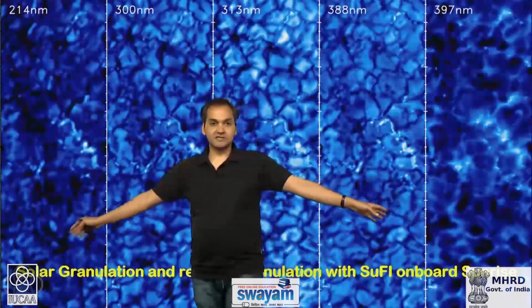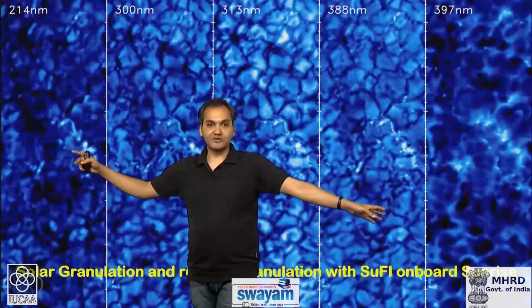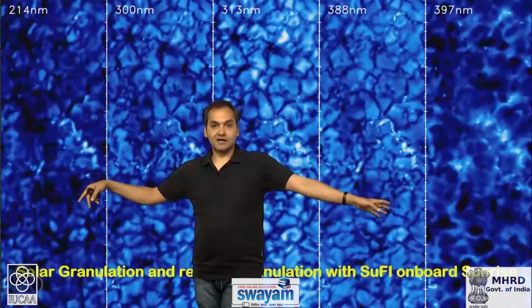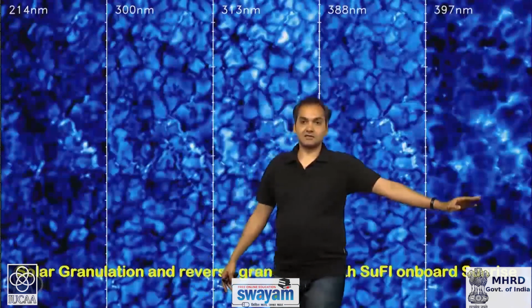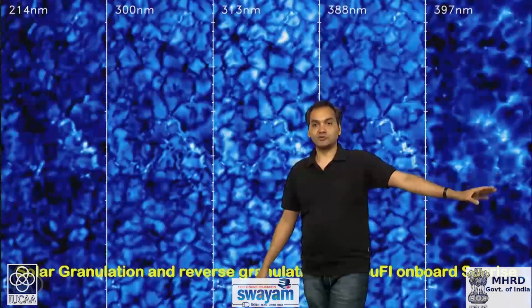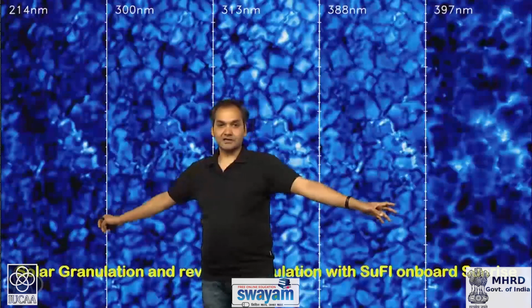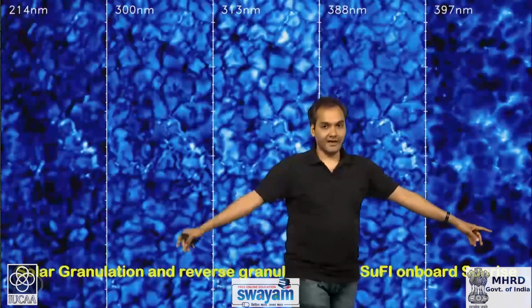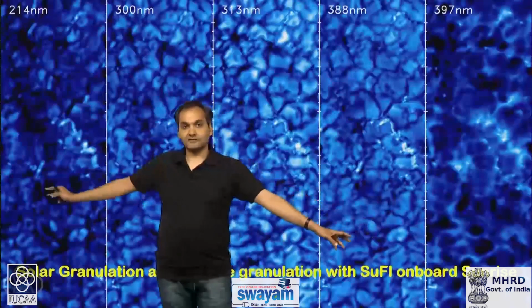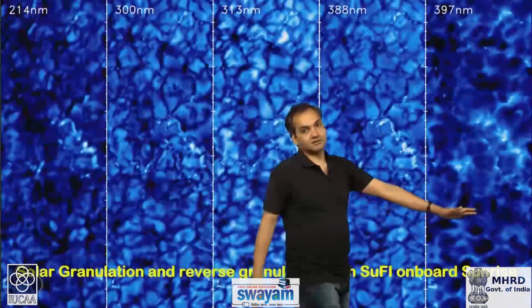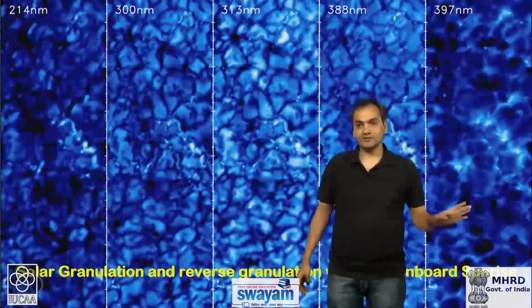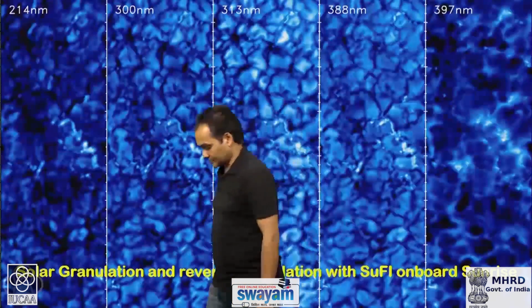In the photosphere, you see this granulation, you have these bright blobs coming up and there are dark lanes, whereas in the chromosphere you have the completely opposite. The blobs which are brighter in the photosphere are darker in the chromosphere, and the lanes which are darker in the photosphere are brighter in the chromosphere. So, that is what is called reverse granulation.